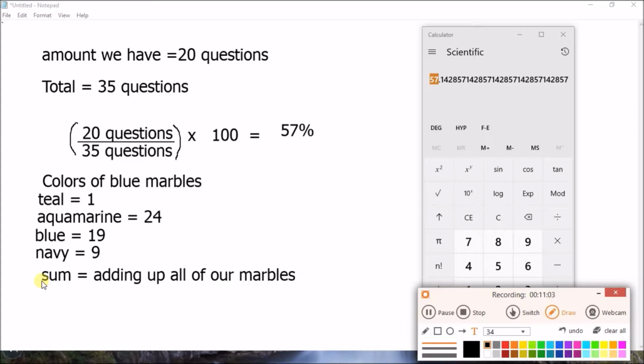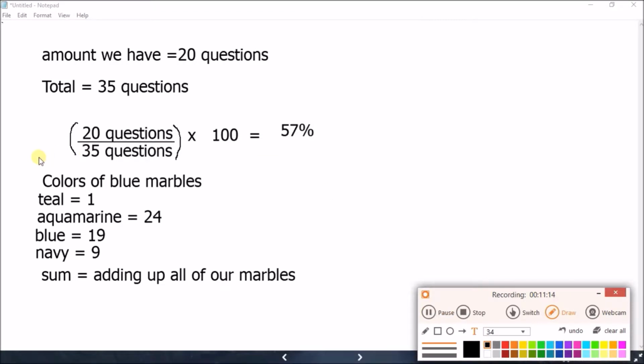So to do this problem, the first thing that we're going to do is add up all these blue marbles. Right, so I'm going to go ahead and make a line here and section this part off because we don't want to look at this anymore. That was a terrible line. There, much better.